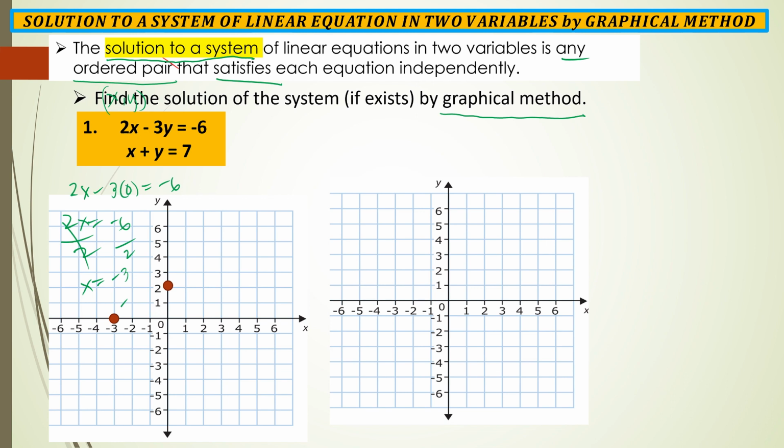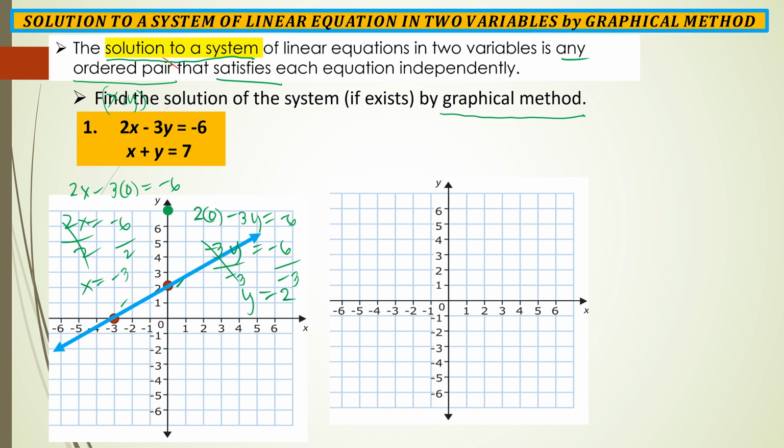And then getting the y-intercept, 2 times 0 minus 3y is equal to negative 6. Thus negative 3y is equal to negative 6. And what will be our y-intercept this time? It's positive 2. So where is the positive 2? It's there. So connecting the points, we have the graph of the first equation.